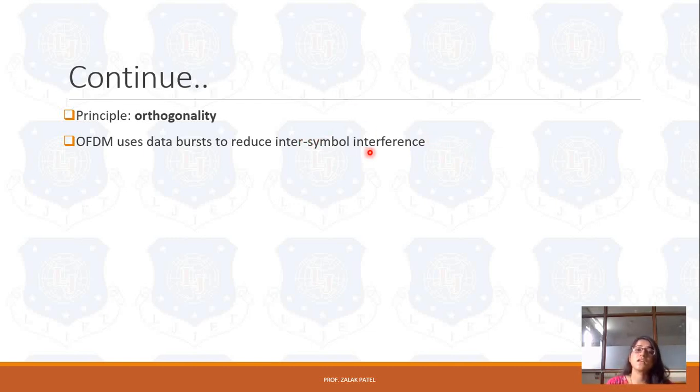Now if the inter-symbol interference is reduced, then the distortion of the signal is reduced. When symbol duration increases, ISI reduces, so this results in a sharper signal than the previous one.